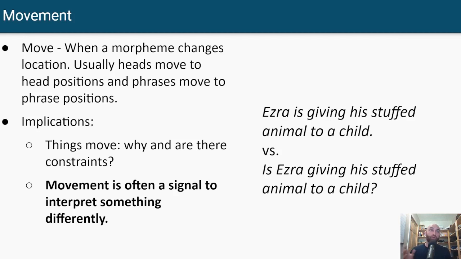And that's crucial. So, again, this is where compositionality is huge. When I say Ezra is giving his stuffed animal to a child, that is interpreted in a certain way. I have the exact same words in is Ezra giving his stuffed animal to a child, but once I change the order, the morphemes are interpreted differently. And so I have a different interpretation once the order has changed, right?